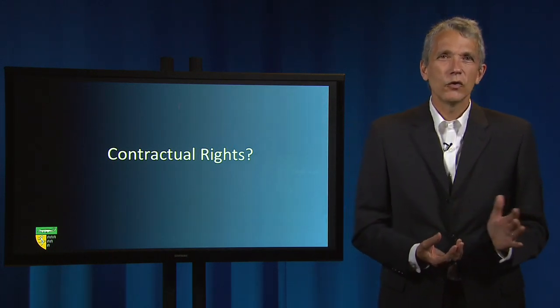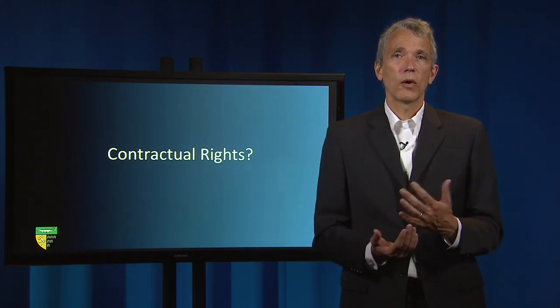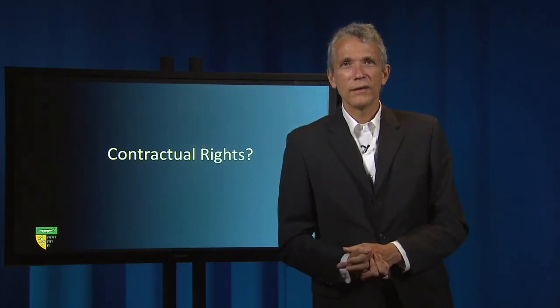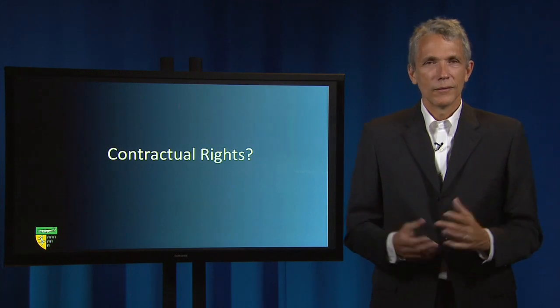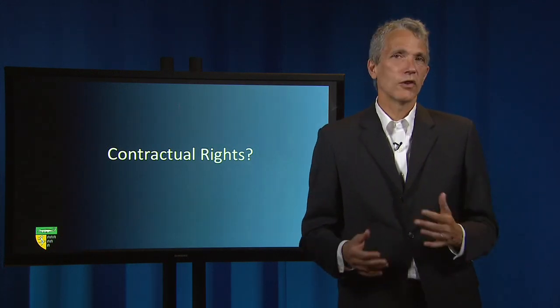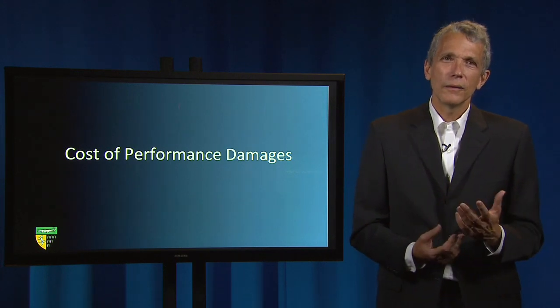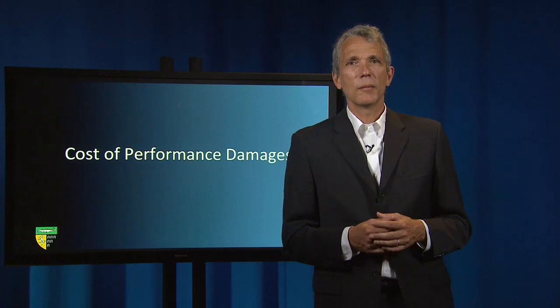But contract law normally does not protect contractual entitlements with specific performance. It doesn't normally use property protections. Instead, the normal remedy is a liability rule protection, which is expectation damages, which just try to compensate the non-breaching party.